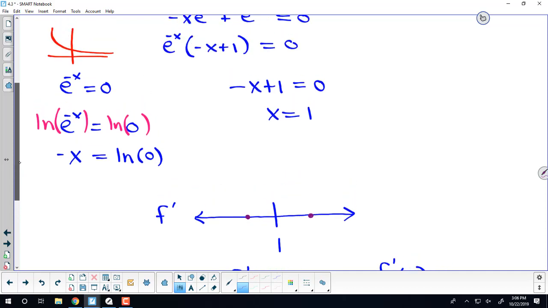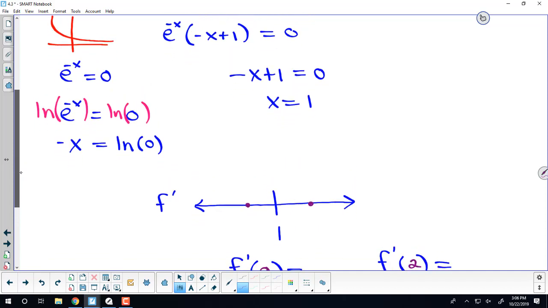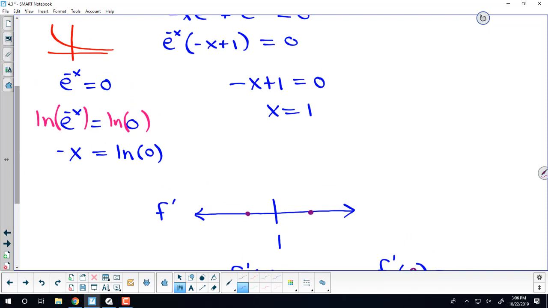But our first derivative was this, and I always use the factored version, because if you know the sign of all of the factors, then you know the sign of the first derivative. So e to the negative x, that's always positive. Your derivative has a factor that's always positive times whatever this sign is here.